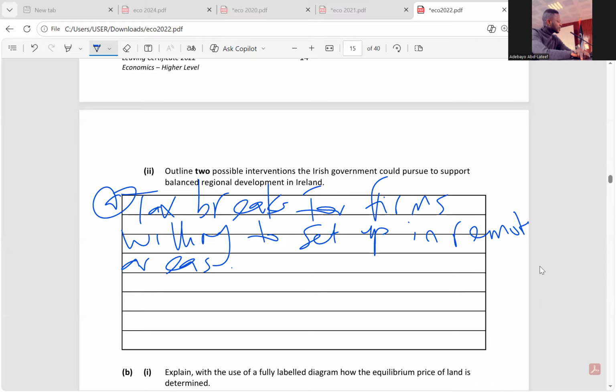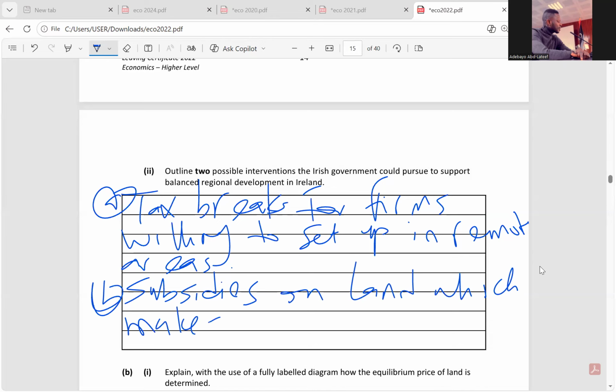You get that? 2, B, subsidies on land, which makes it cheaper for firms to buy. Shall I move on?